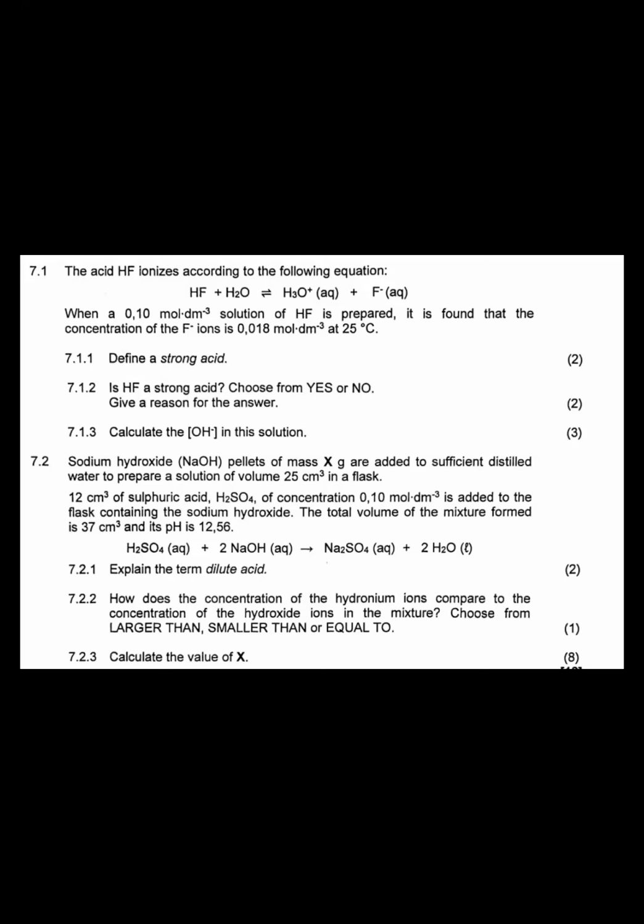But just read the statement, guys. When a 0.1 mole per cubic decimeter solution of HF is prepared, it is found that the concentration of F minus ions is 0.018 mole per cubic decimeter. Was it supposed to be 0.018 when the ratio is 1:1 and it ionizes completely? This statement was telling us something.